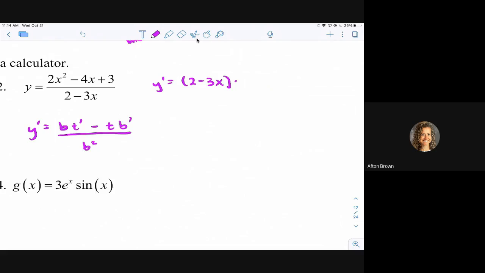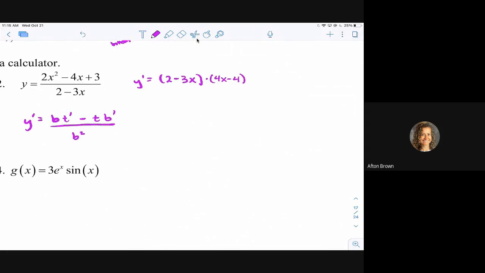And then T prime. What is T prime? What does that stand for? Derivative of the top. So what is the derivative of the top? 4x minus 4. Good. Just make sure you keep it in parentheses. So far I've done the bottom times the derivative of the top. The formula tells me to put a minus, so I put a minus in between.